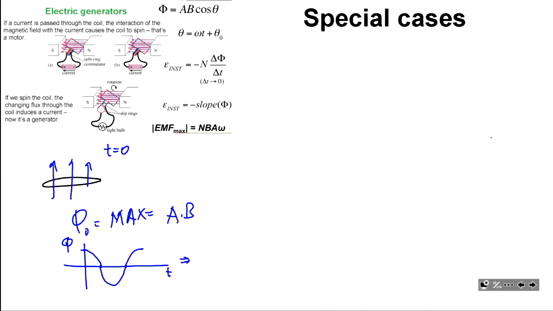Well, first we have to, again, take a look at the slope. So it starts from 0. There is no slope here. Then the slope is negative and reaches a maximum. Now, that's not EMF yet. EMF is -1 times the slope.